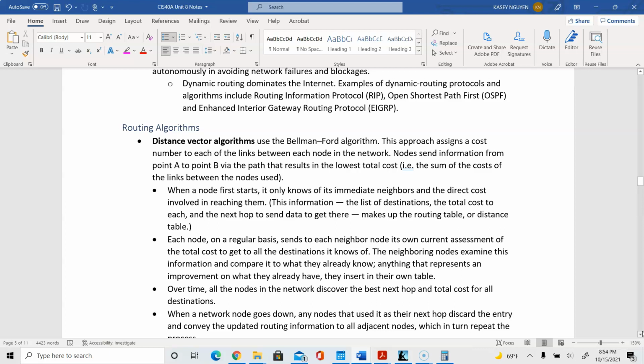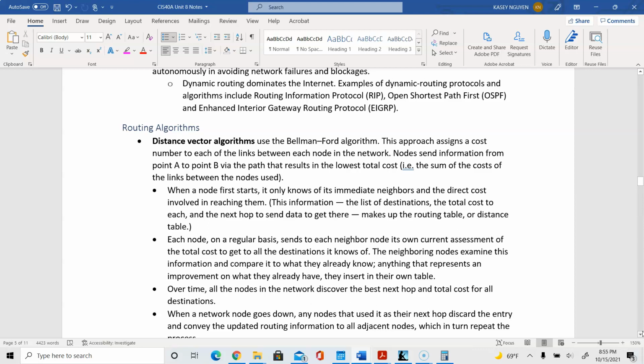So the system assigns a cost value for each of the links that it's connecting to. So if we have 30 hops, then each of the hops would have a certain cost value, and it would take a total of that cost value and determine the distance vector that will be appropriate to send to the destination.